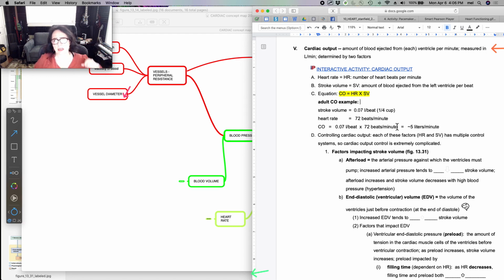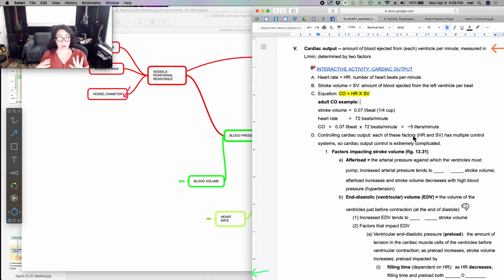And then a heart rate that is within the normal range is about 72 beats per minute. So if you calculate that out, you end up getting around 5 liters per minute of blood being pumped for your cardiac output, which is pretty impressive because that's at rest and you only have about 5 to 6 liters of blood. So your heart is, even at rest, pumping almost your entire blood volume every minute.